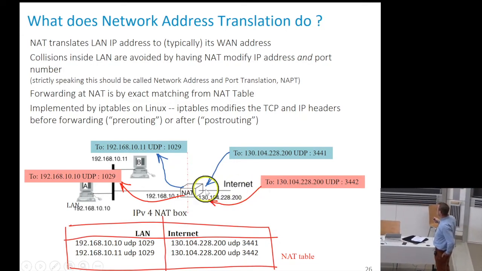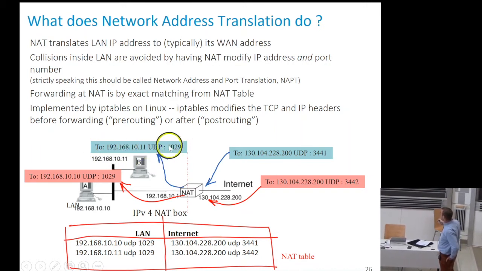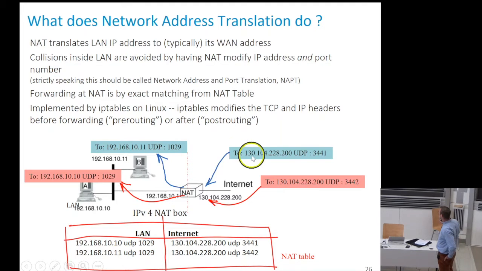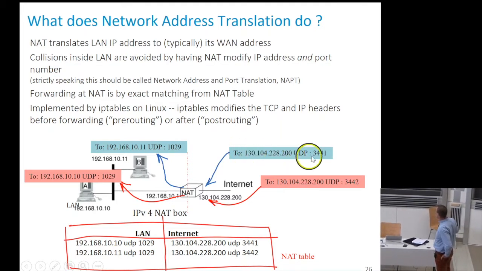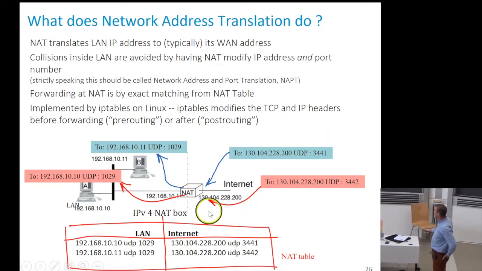For the time being, what we see is that the NAT does this trick of translating this IP source address and this IP source port number into its own public WAN address and another port number. It has to make sure that there is no collision, and it has to remember this mapping in a table.